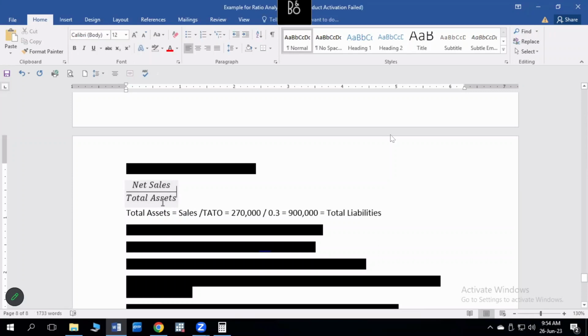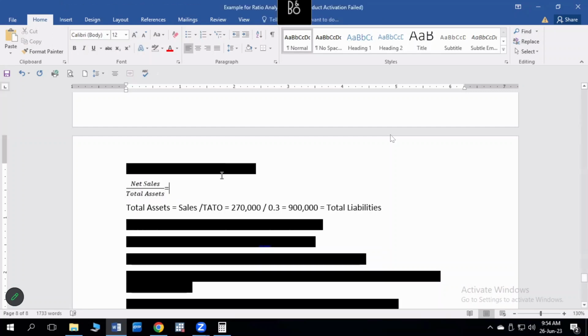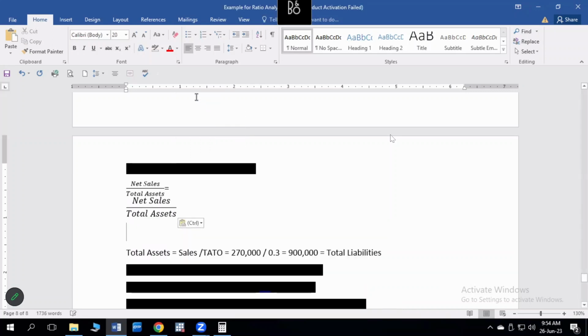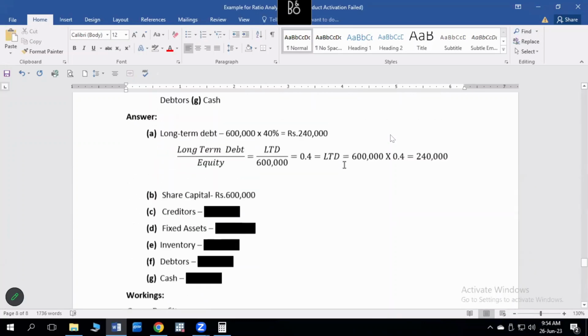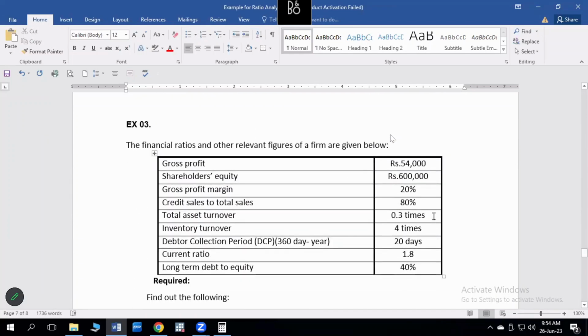Net sales over total assets. Net sales over total assets. So it is given in the question as 0.3. So 0.3 times.